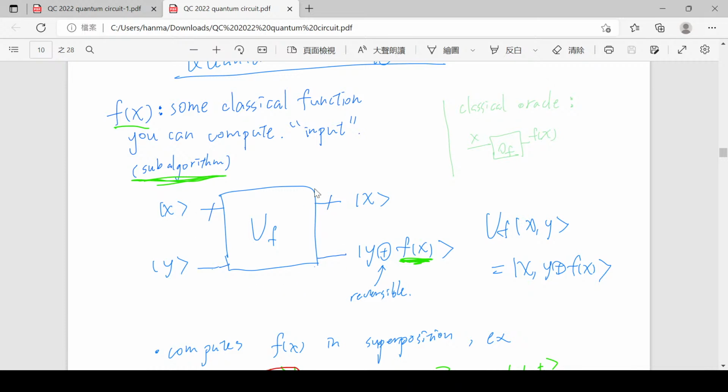It should be in this form where there is an input register and an output register where you write down your answer f of x. This is a unitary in this form because you want your quantum circuit to be reversible.